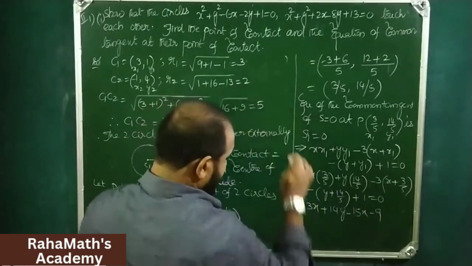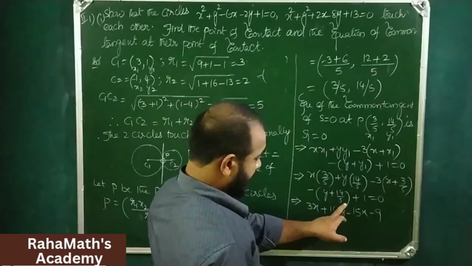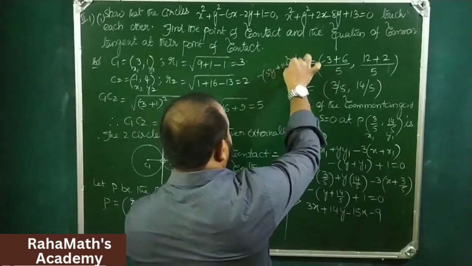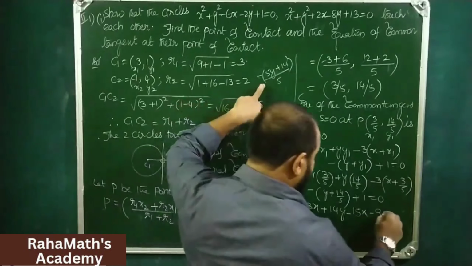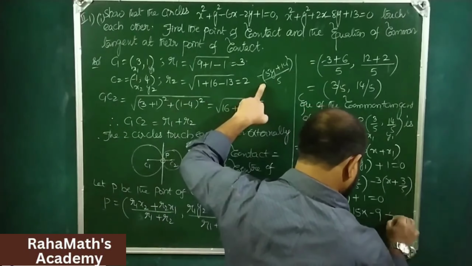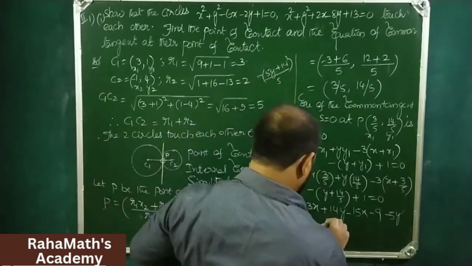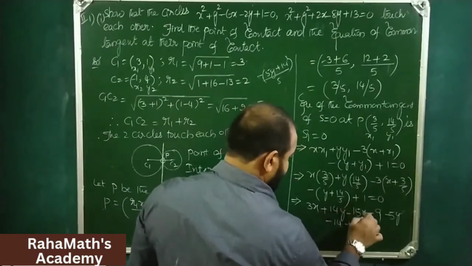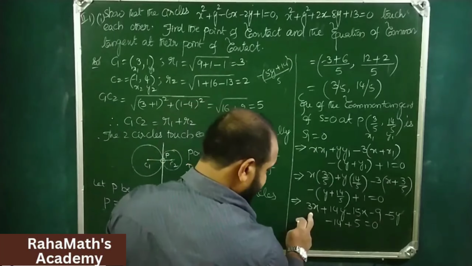Likewise, minus of (5y plus 14) by 5. Since the LCM is 5, so minus 5y minus 14 plus 5 ones are 5 equals 0. So the answer is 3x.